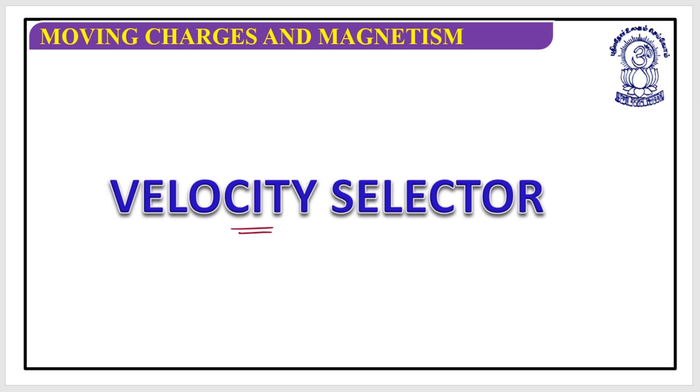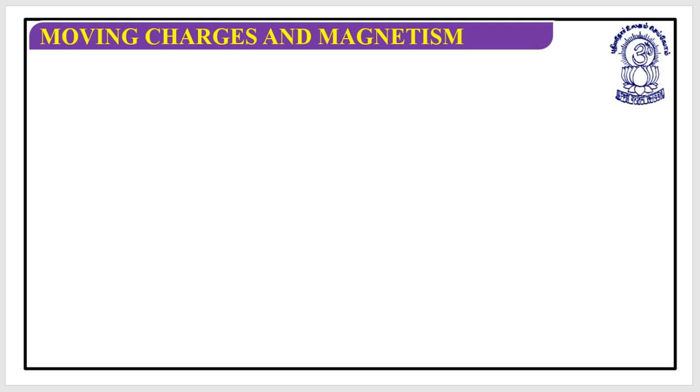Let's find out a new concept: the velocity selector. Before I move to the velocity selector, let's revise certain things. In the previous class we were discussing the Lorentz force, the total force. Why do I say total?